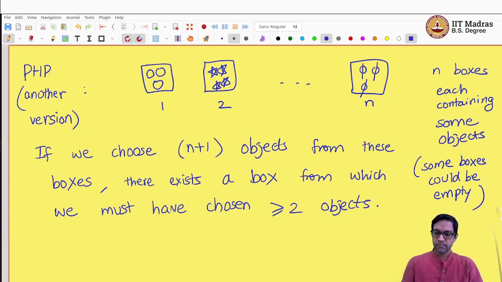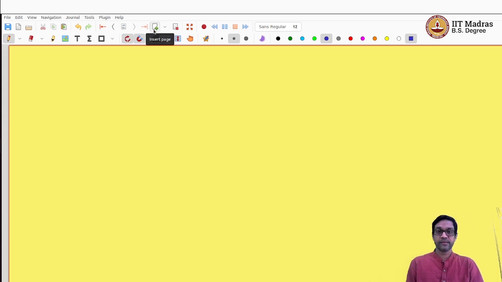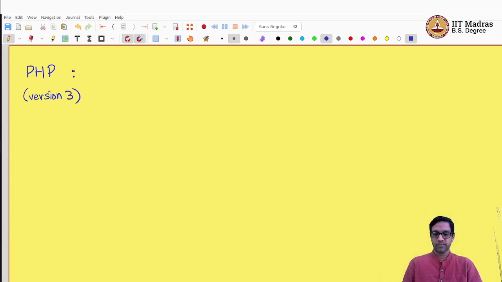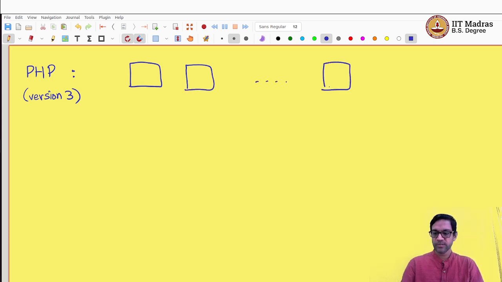Now, let's look at yet another version. This is a slight generalization of PHP, if you wish. This is version 3, and the previous version is version 2. So what is the slightly more general version? Again, it starts from the first version. I have n boxes and I'm trying to place objects into these n boxes.